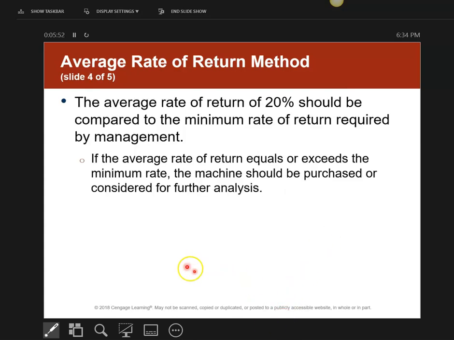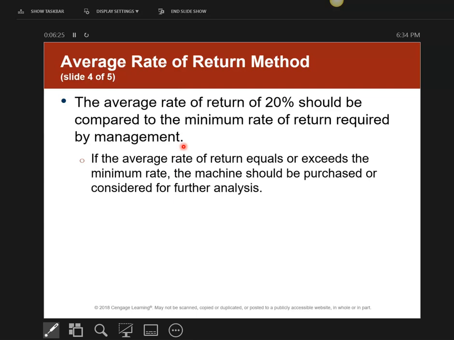Each company will set a minimum rate of return required by management. If your minimum rate of return is 10%, a proposal giving you 20% is excellent. However, if your minimum rate of return is 25%, then you do not want to accept anything less than 25%. This is set up by management, and it determines the minimal acceptable rate of return you are required to meet.